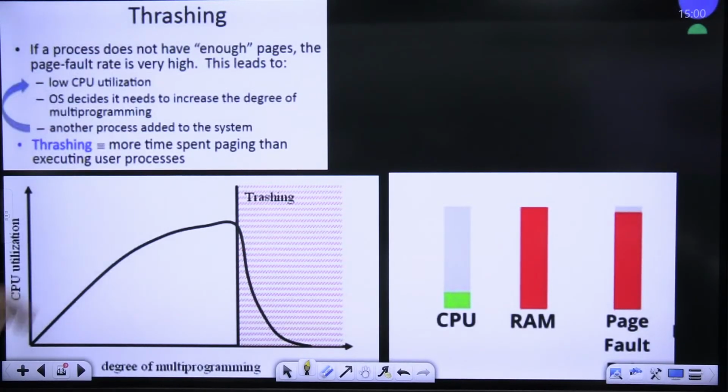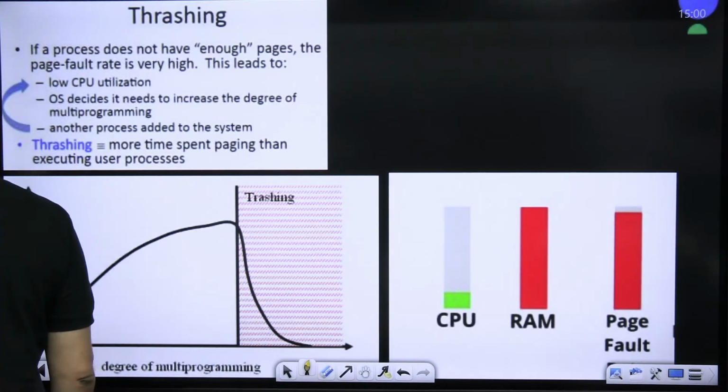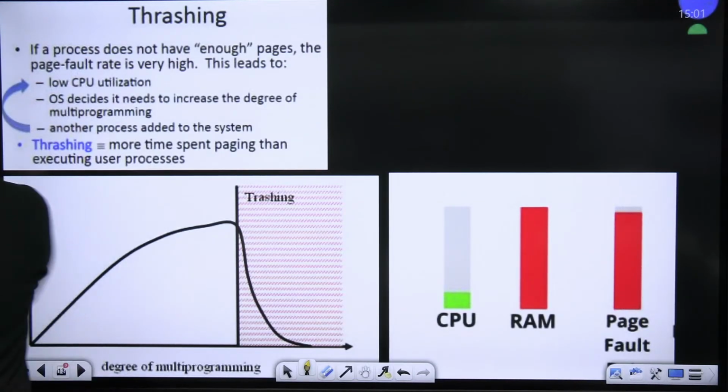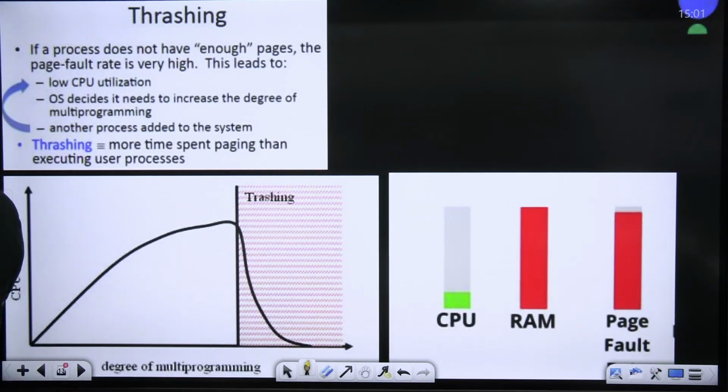We can demonstrate by means of a simple example. If a process does not have enough pages, the page fault rate becomes high. This leads to low CPU utilization. Therefore, the operating system decides to increase the degree of multi-programming, or thrashing बढ़ेगी जिसकी वजह से.